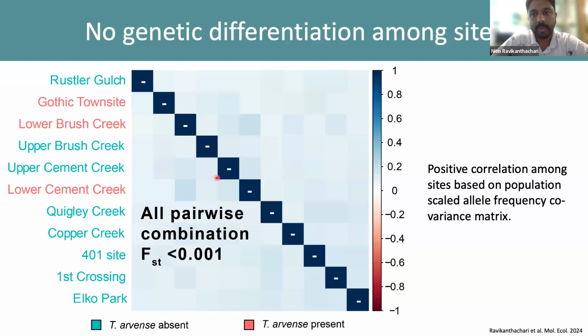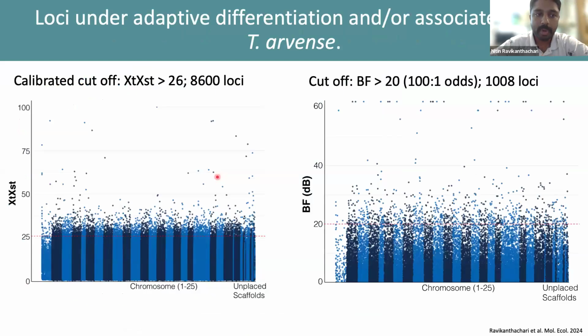So given that, we wanted to see whether there are any signs of selection even in the presence of no genetic differentiation or no population structure. We looked at the XTX measure, here on the y-axis, which is a measure of adaptive differentiation. We looked at whether there were any loci under adaptive differentiation, and we saw about 8,600 loci.